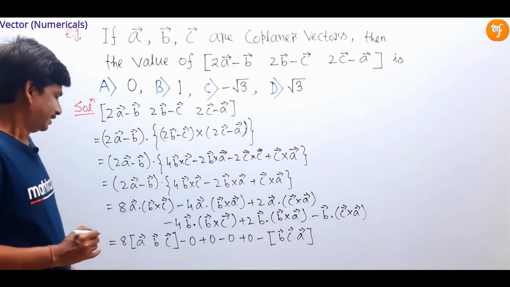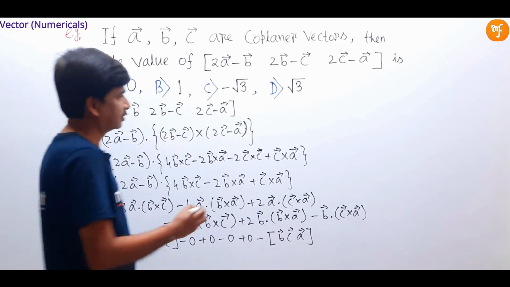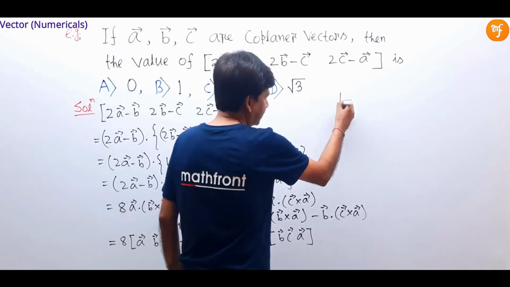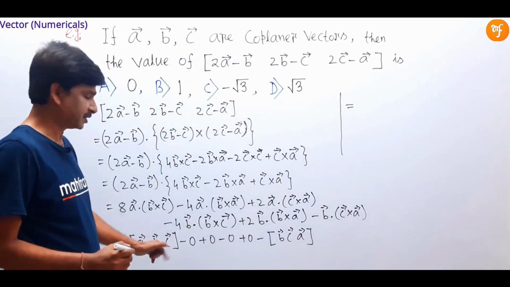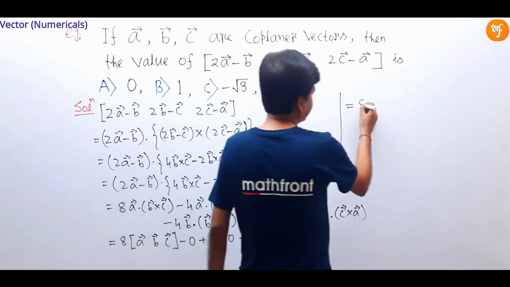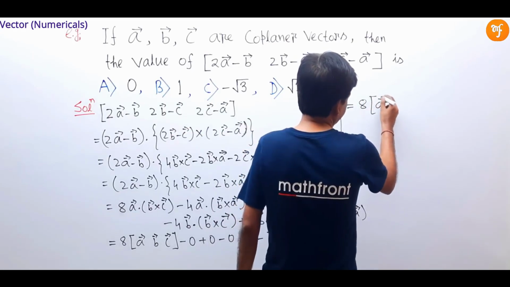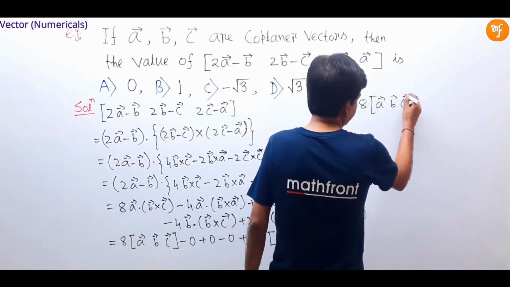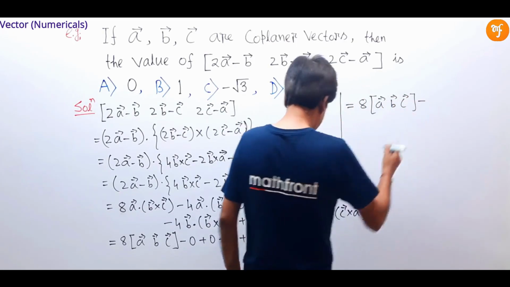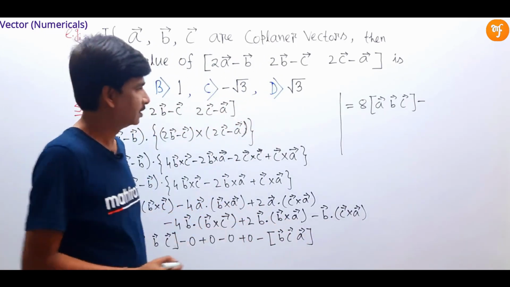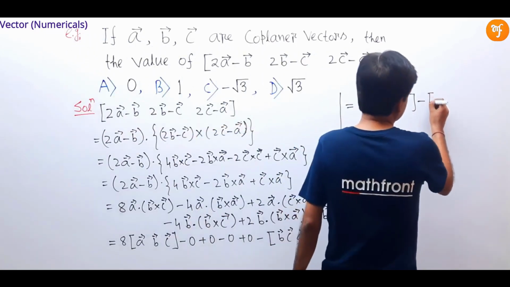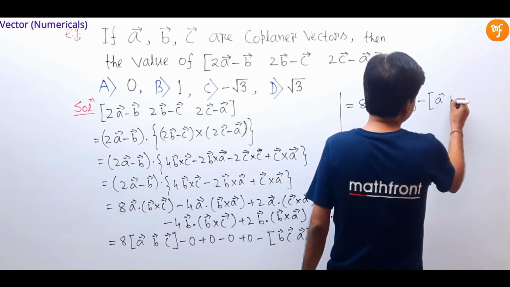Clear? So what is the simplification? The simplification becomes 8 into box of abc minus box of bca, which can be directly written as box of abc. So minus box of abc.